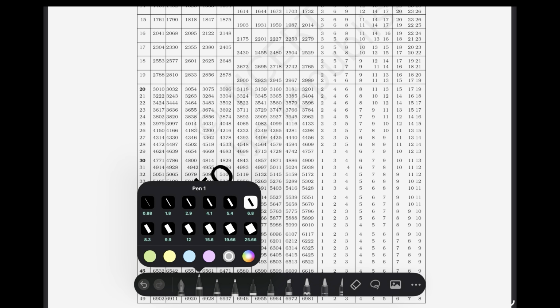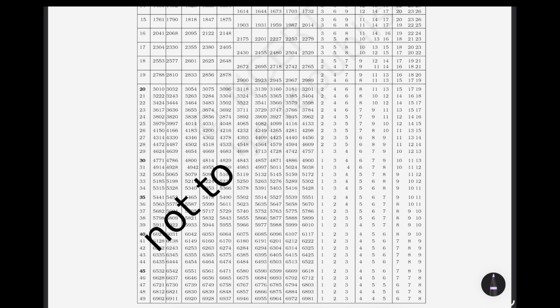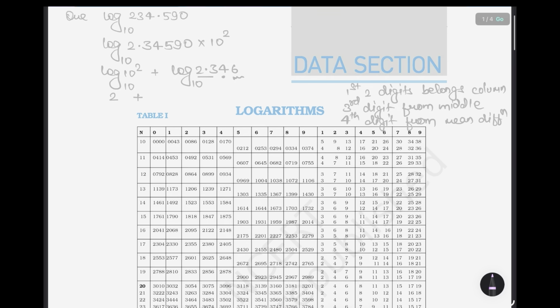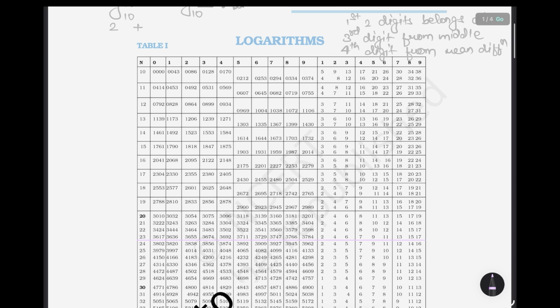This is your 23 line. Now the second number is 4, so 4 is this. Okay, so the intersection is this number. So we got this result, correct?